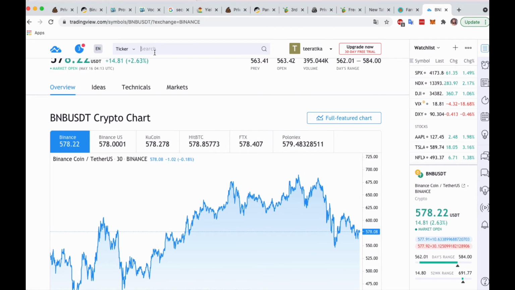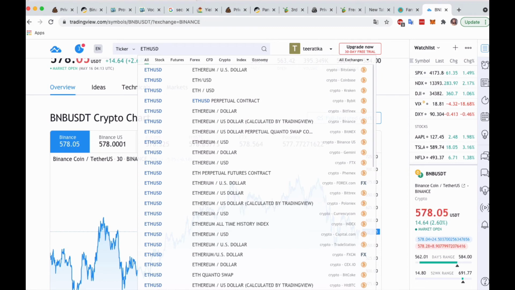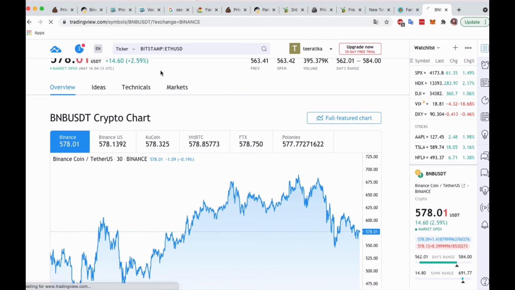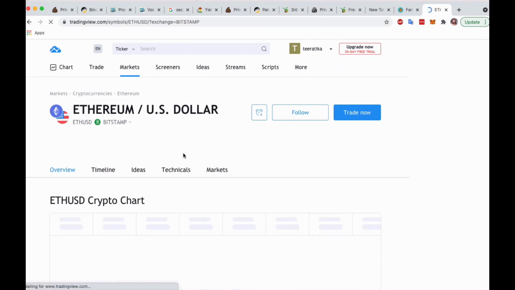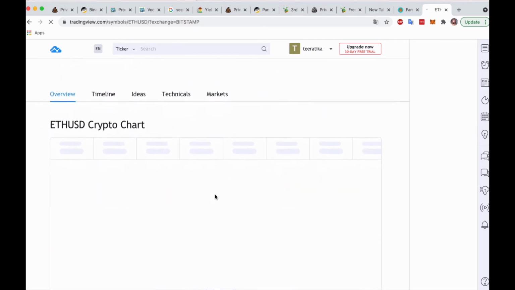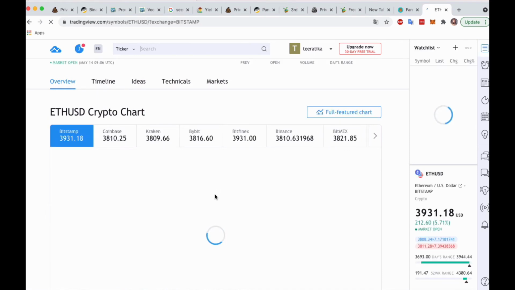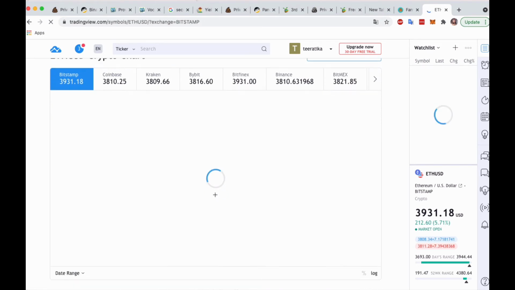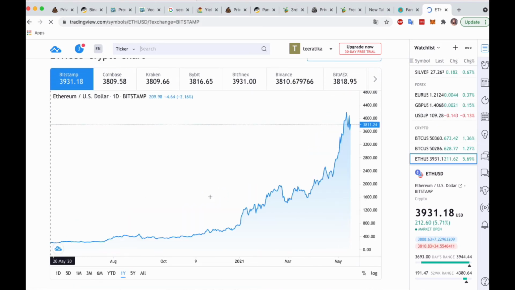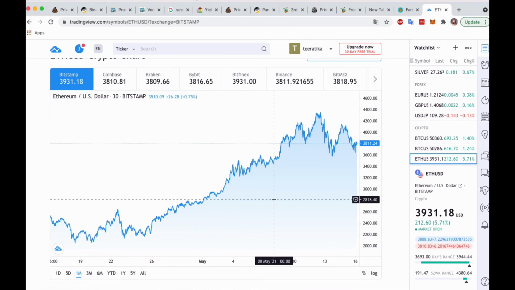And with the value in store, I think it's a very, very good prospect to buy into Binance right now. And let's have a look at another one. How about Ethereum USD? The chart that you're going to see is going to be somewhat similar. We're going to go into the 1 month, and we're going to see that it's been making many good gains.